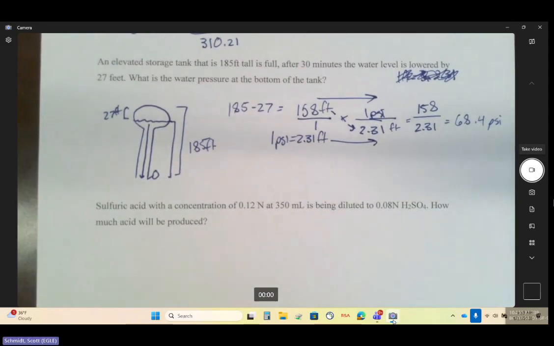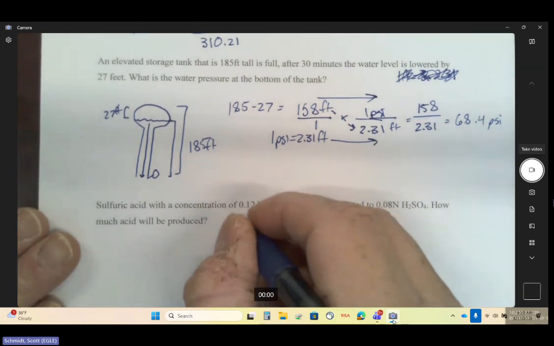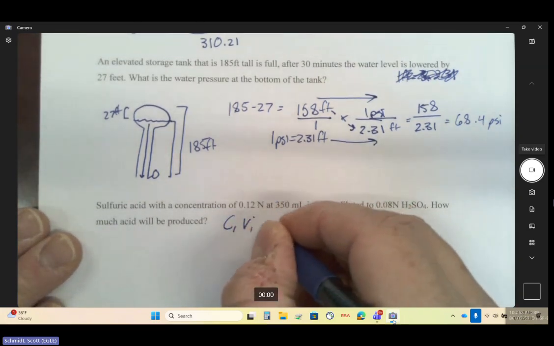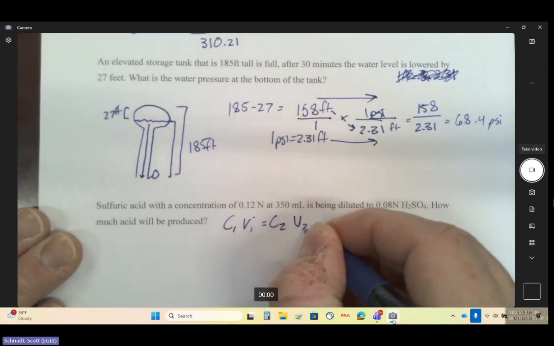Sulfuric acid with a concentration of 0.2 N at 350 milliliters is being diluted to 0.08 N. How much acid will be produced? This N, normality, is the same as saying like a percentage. That's the concentration. So again, this is a C1V1 equals C2V2.